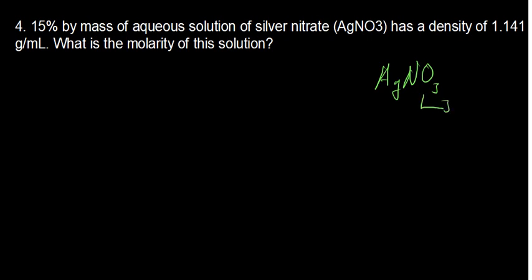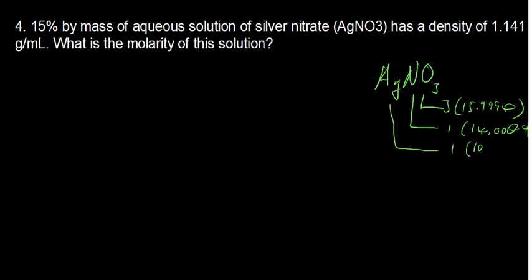We've got 3 oxygens times 15.9994, 1 nitrogen multiplied by 14.00674, and silver is only 1, multiplied by 107.8682.